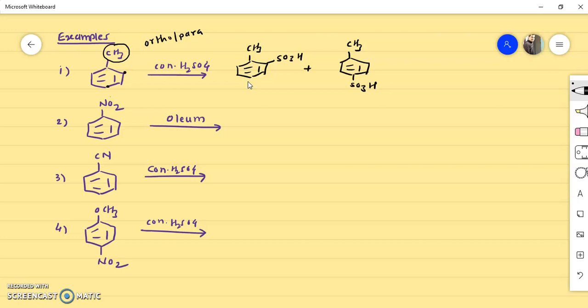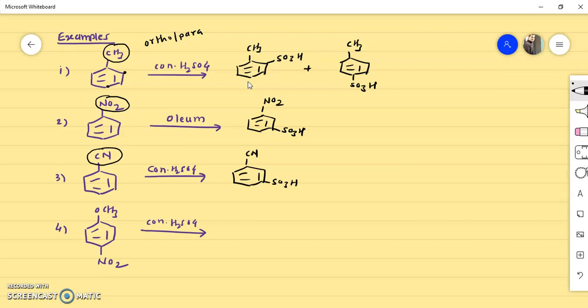Now if we consider this, then we know this nitro group is an electron withdrawing group. So the incoming electrophile will come at the meta position because NO2 is a meta directing group. So this will be the product. Again in this third example, this cyanide is an electron withdrawing group. So it is a meta directing group. So we'll get this product, remember SO3H.